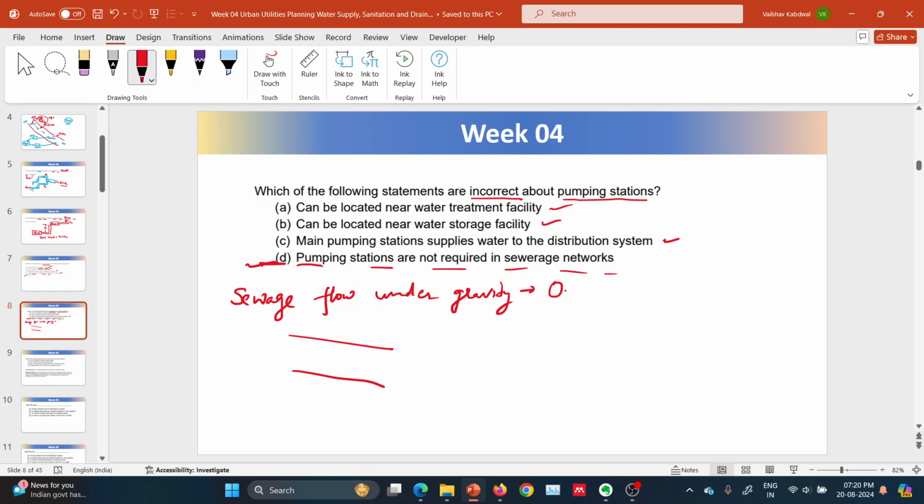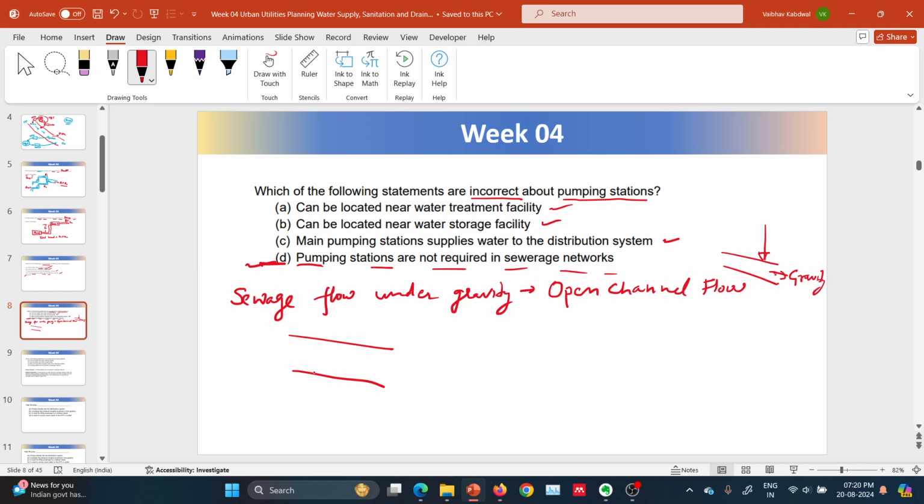Because we say sewage flow is open channel flow. Open channel flow means while flowing, only atmospheric pressure is acting and it is flowing due to gravity. This is called open channel flow.